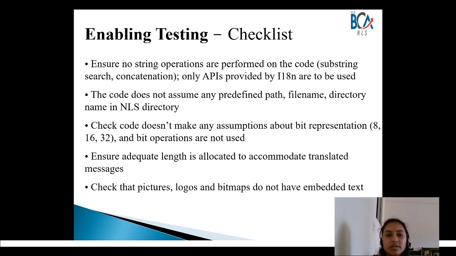Check the code for assumptions about bit representation, like 8-bit, 16-bit and 32-bit, and that bit operators are not used. Also ensure adequate length is allowed to accommodate the translated message, and have a checklist for pictures, logos and bitmaps that they do not have embedded text. So this is all about enabling testing.